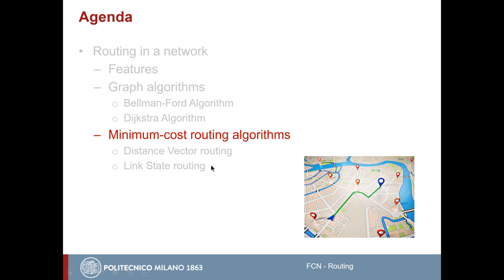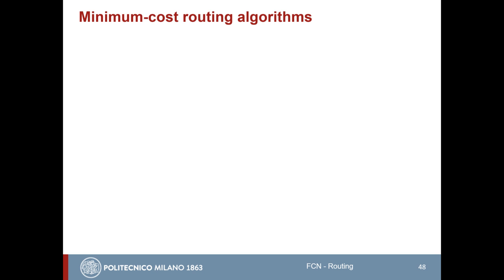So now we are looking at the distributed form of Bellman-Ford and Dijkstra, and these two forms take the name of distance vector routing in case of Bellman-Ford and link state routing in case of Dijkstra. They are just a distributed implementation of Bellman-Ford and Dijkstra.